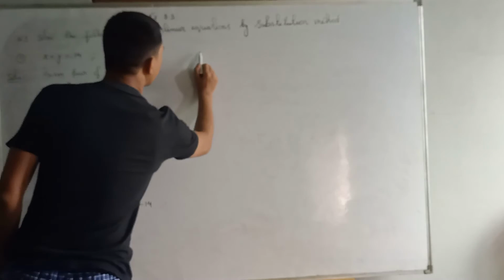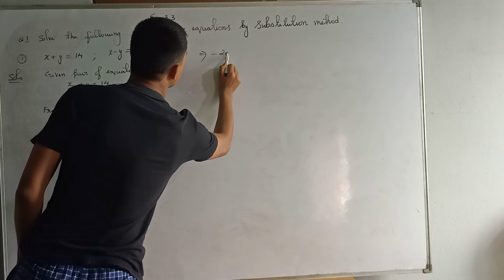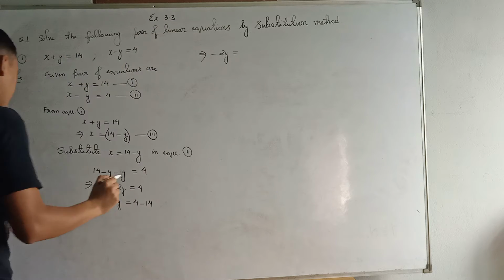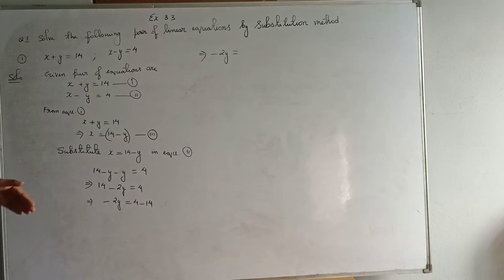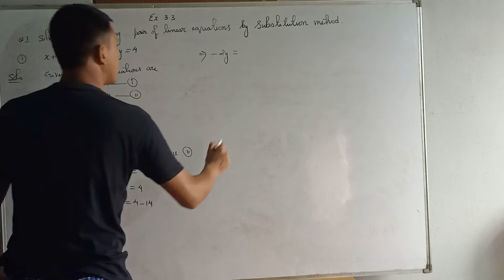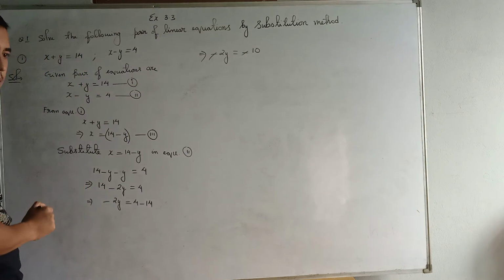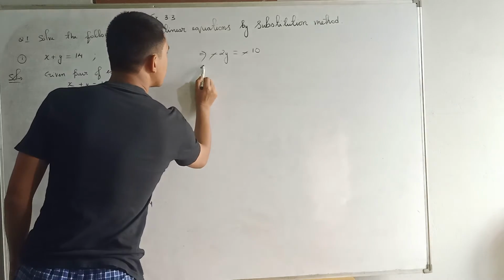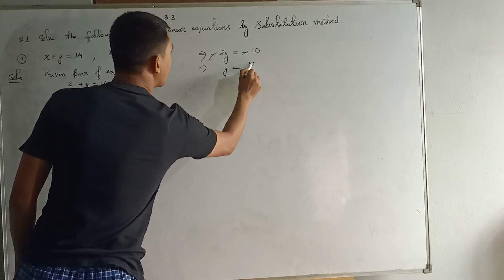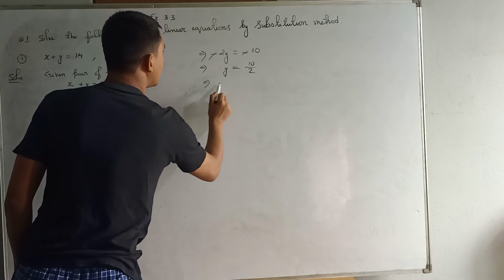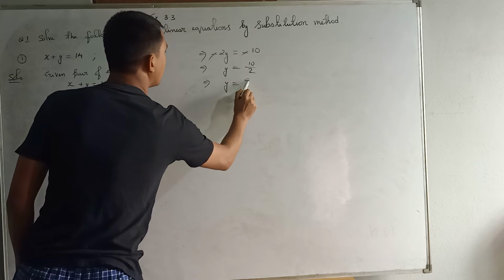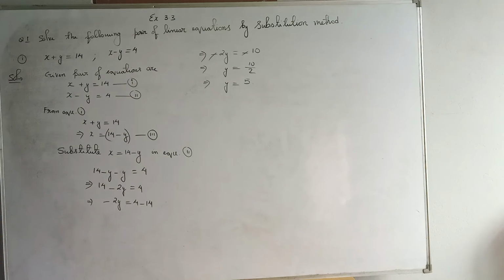So minus 2y is equal to 4 minus 14, which is minus 10. The minus signs cancel from both sides. So y is equal to 10 upon 2. So that gives you y is equal to 5.